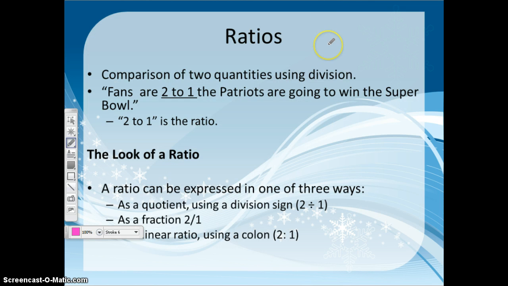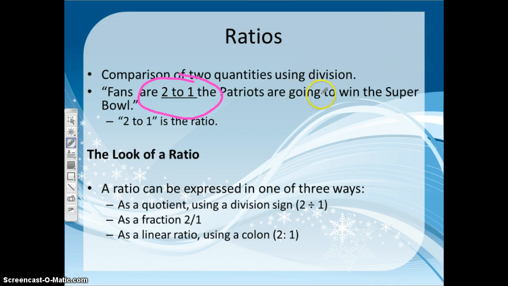All right, first of all, a ratio is a comparison of two quantities, and it uses division to show that comparison. For example, you've probably heard something like this, that fans are 2-1 that the Patriots are going to win the Super Bowl. That number, 2-1, is the ratio.